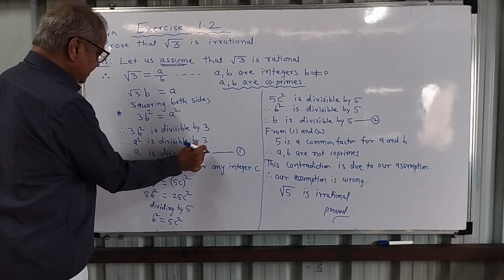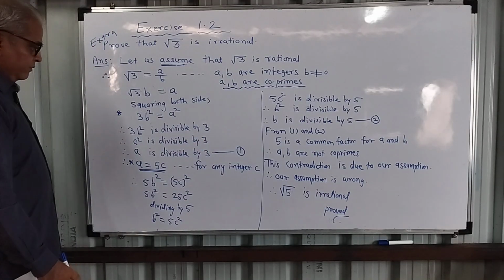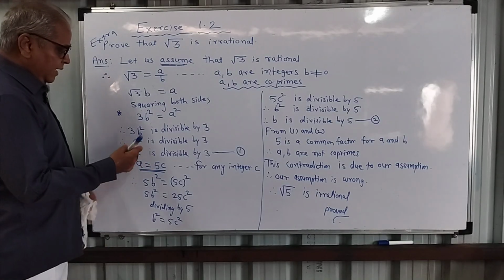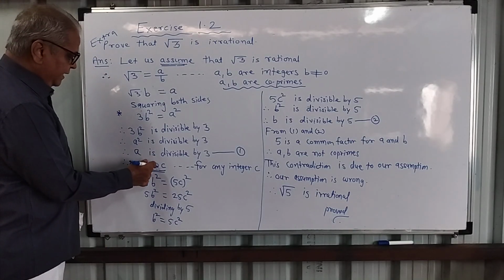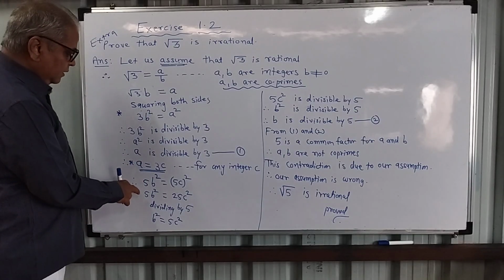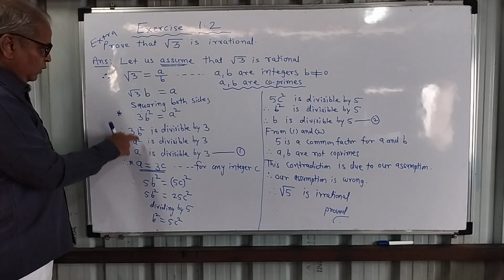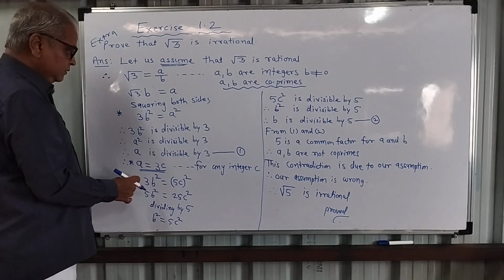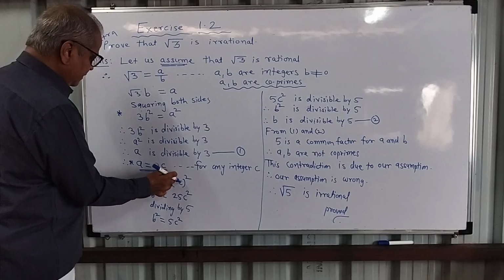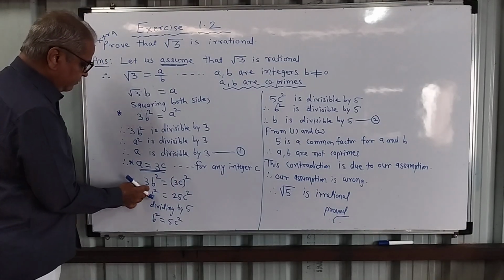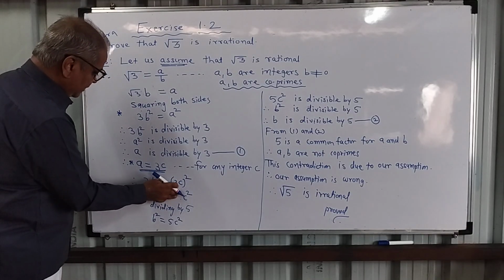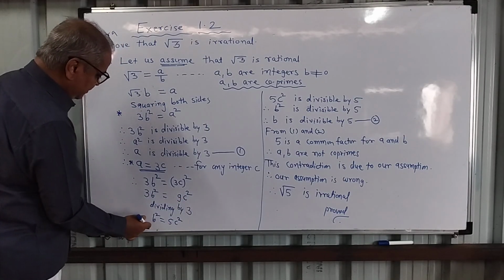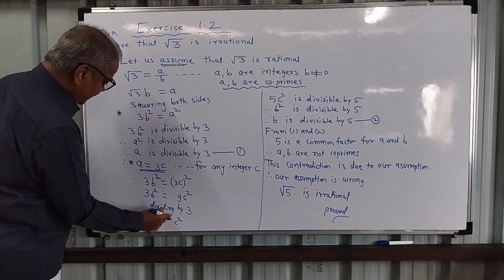A is divisible by 3, statement number 1. Now we can write, as a is divisible by 3, a is equal to 3 into any integer c. Now put this value here, so it will be 3b square is equal to (3c) square. It will be 3b square is equal to 9c square. Dividing by 3 we get b square is equal to 3c square.